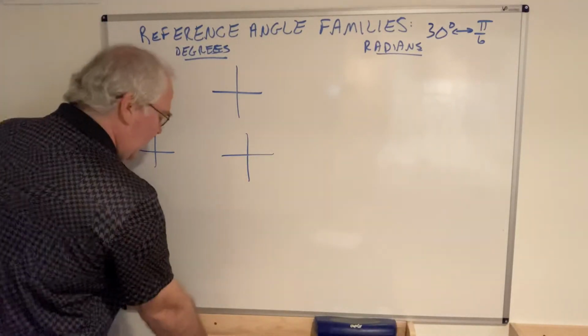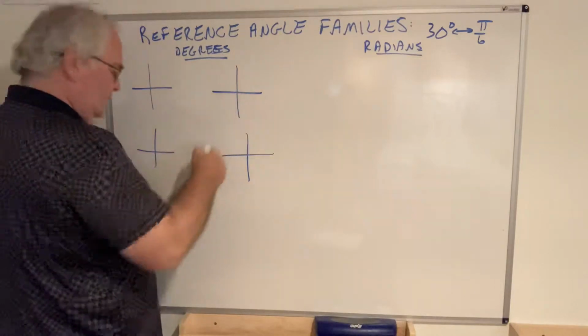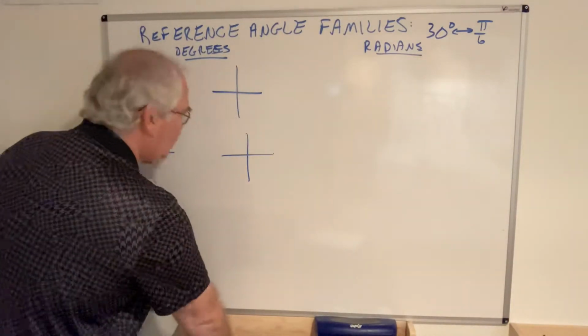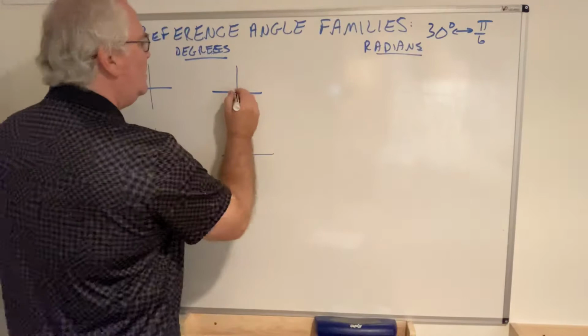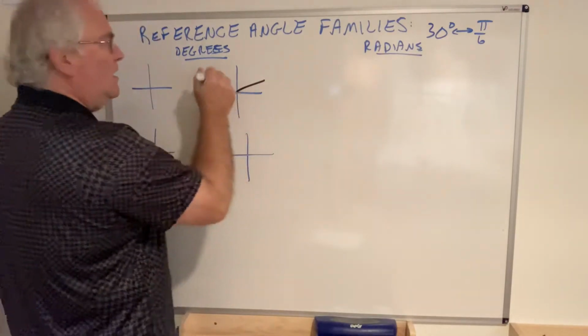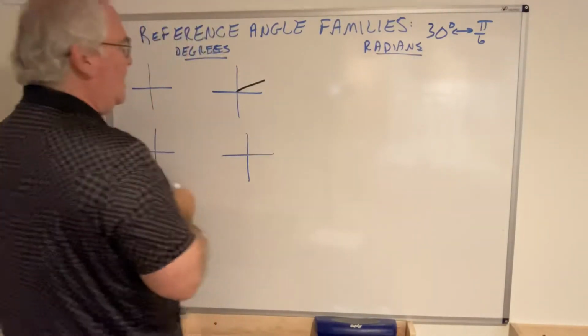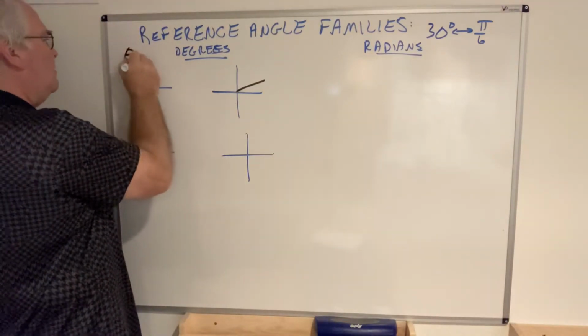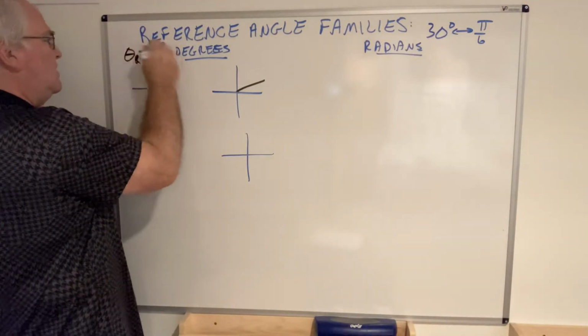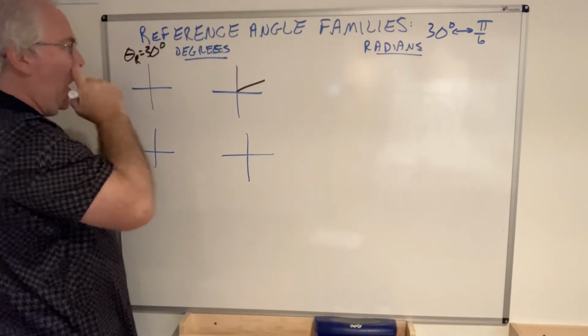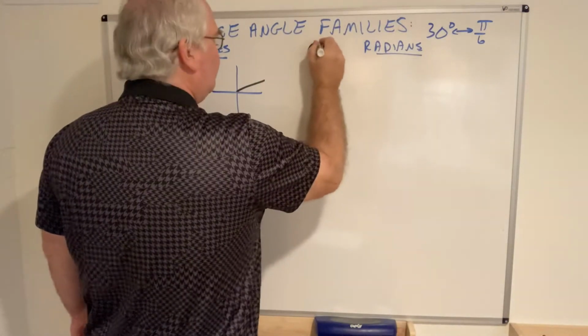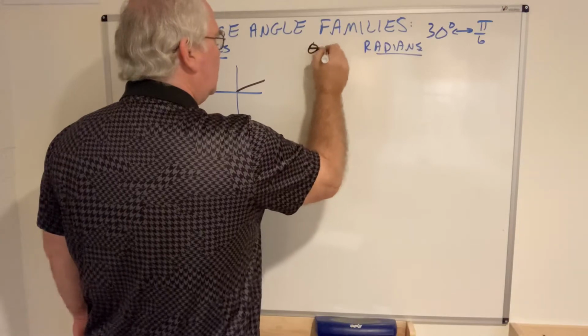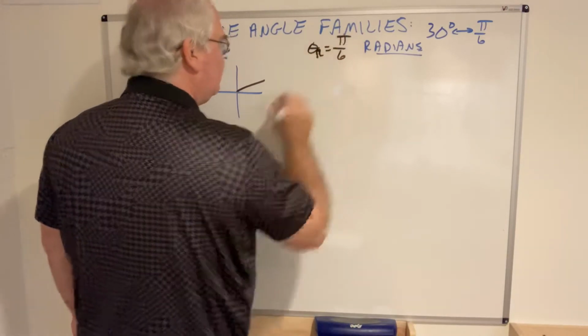A 30 degree angle in quadrant 1 would look like this. In this scenario, we have theta reference. In this case, theta reference is 30 degrees. Over here, theta reference is equal to pi over 6.